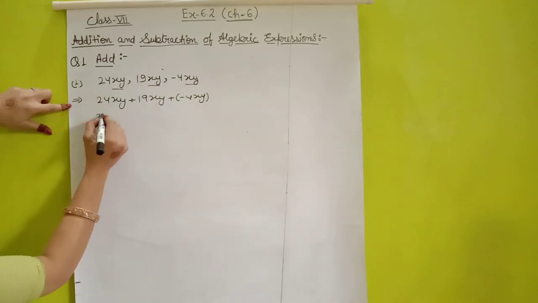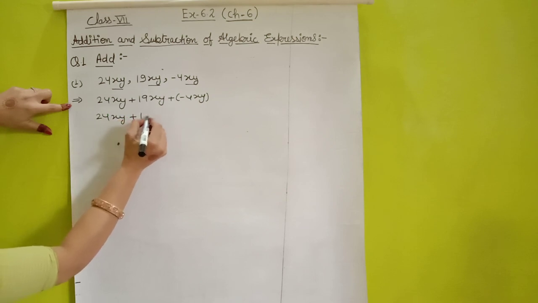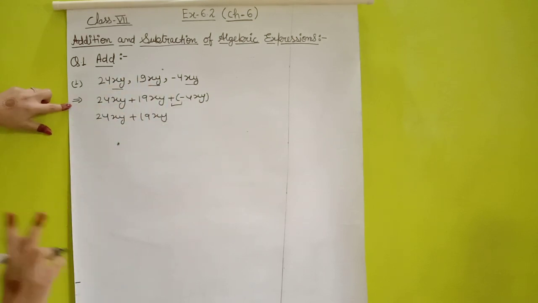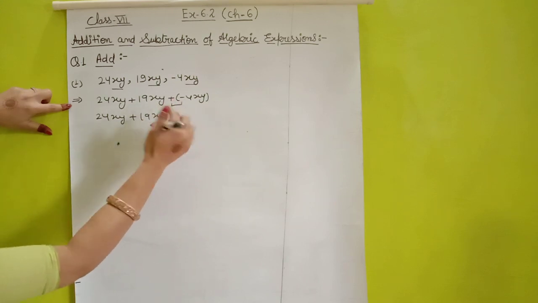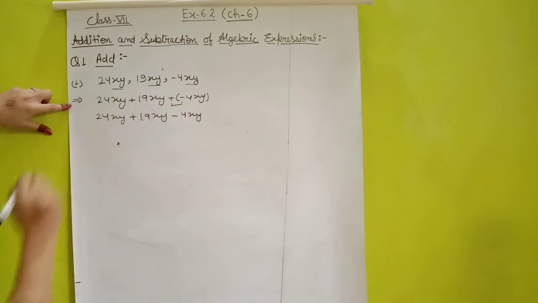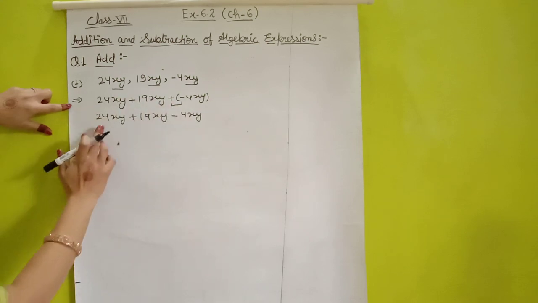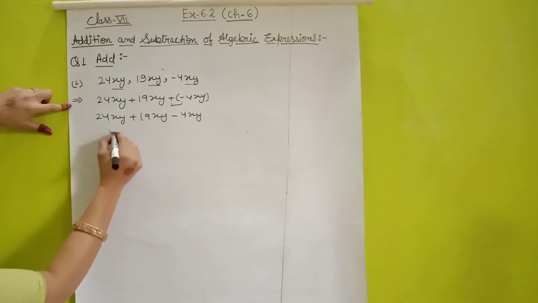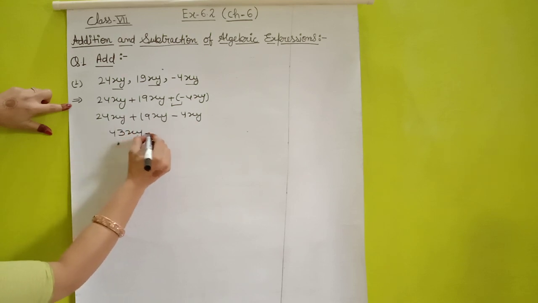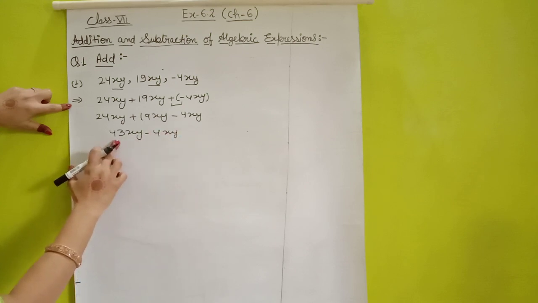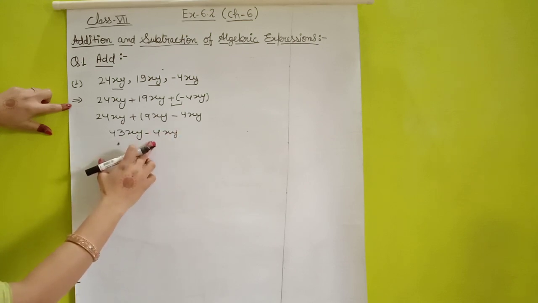Students, now 24xy plus 19xy minus, plus, because two signs are coming together, plus minus will be minus, 4xy. Now easily 24xy, 19xy we will add, it will be 43xy, then minus 4xy. From 43xy, we are to subtract 4xy.